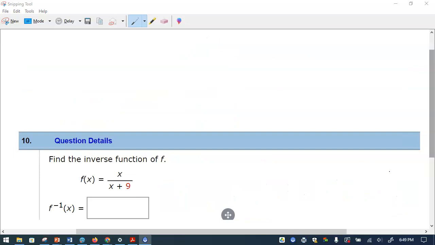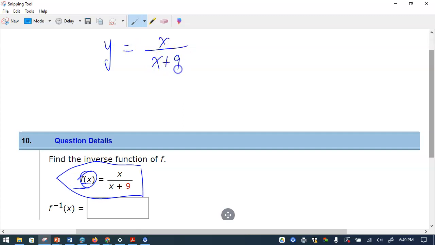Question number 10: f of x is given as a rational function. Again, replace this by y. So y equals x over x plus 9, and then replace x by y and y by x. So x equals y divided by y plus 9.